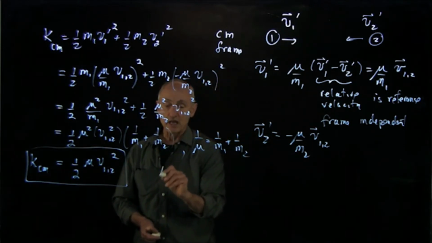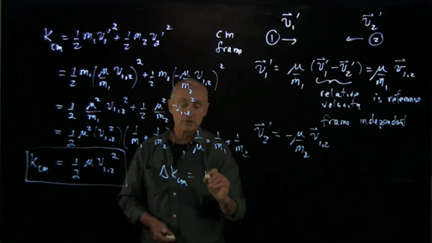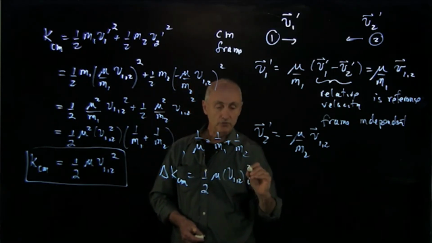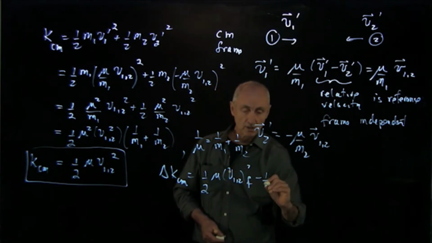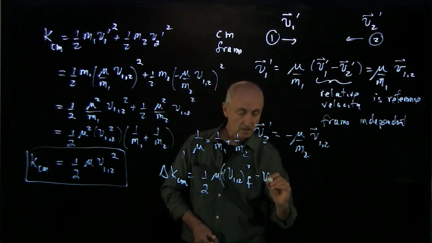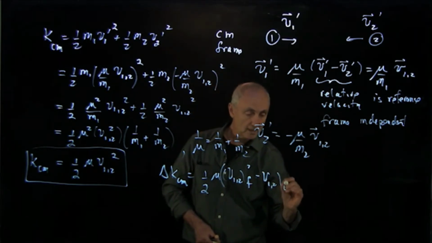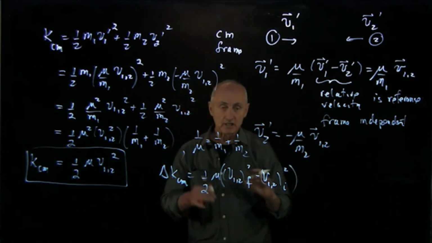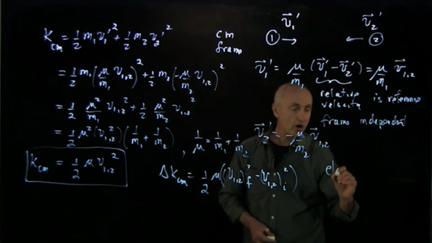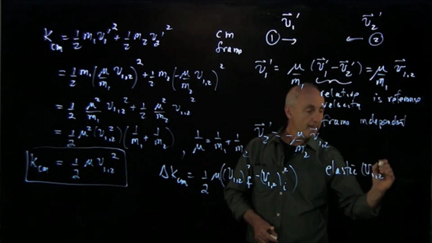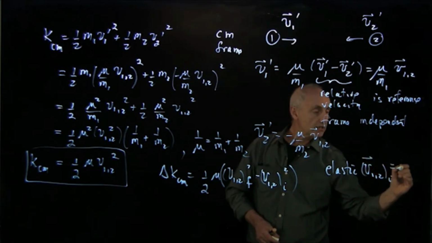But that's the kinetic energy in the center of mass frame. And therefore, the change in kinetic energy in a collision is just 1/2 mu, it's the same mu, so we'll just put a parentheses, v12 final squared minus v12 initial squared. And if the collision is elastic, remember our elastic collision showed that v12 initial was minus v12 final.